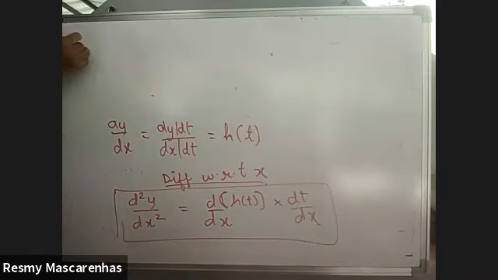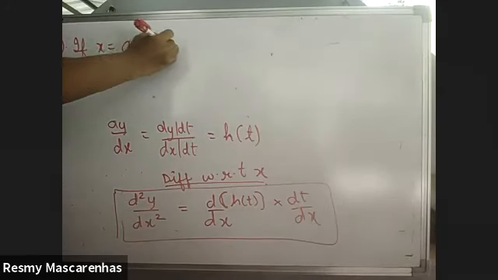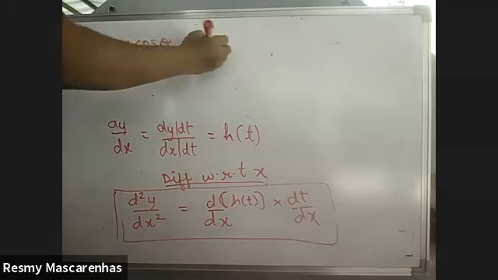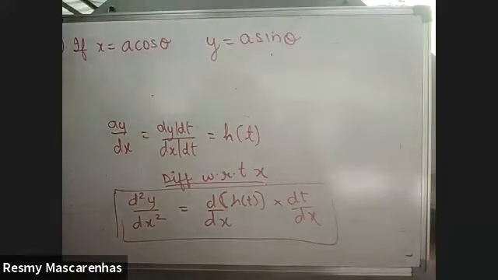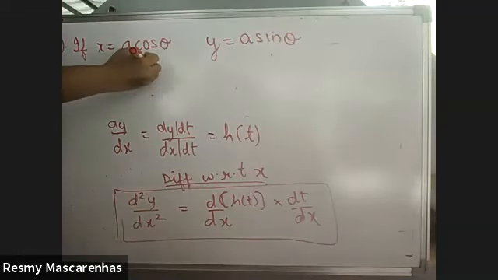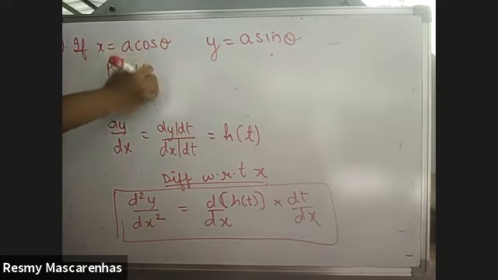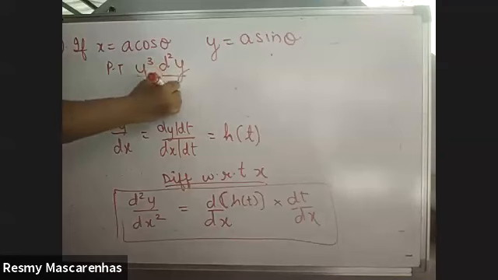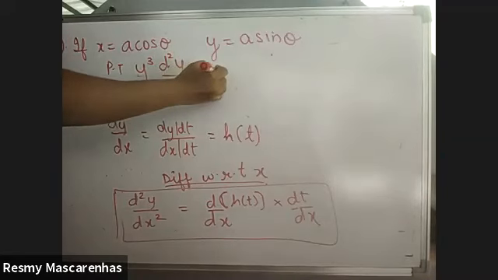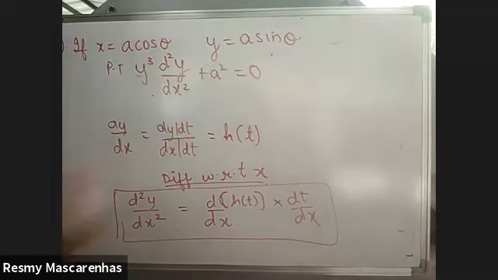The first question: if x is equal to a cos theta, y is equal to a sin theta, prove that y cube d square y upon dx square plus a square is equal to 0.